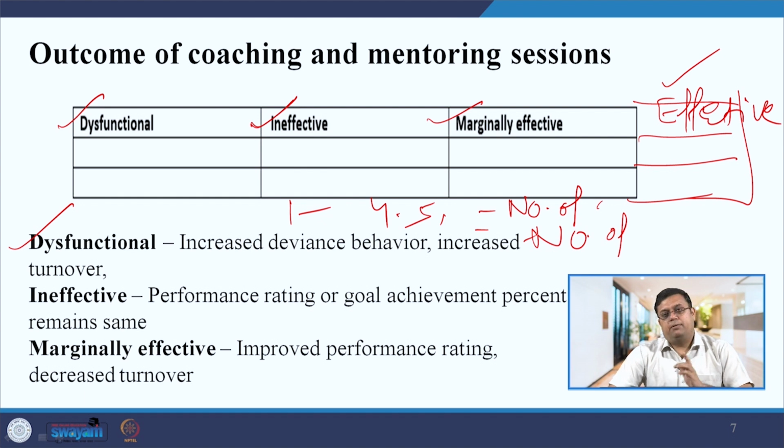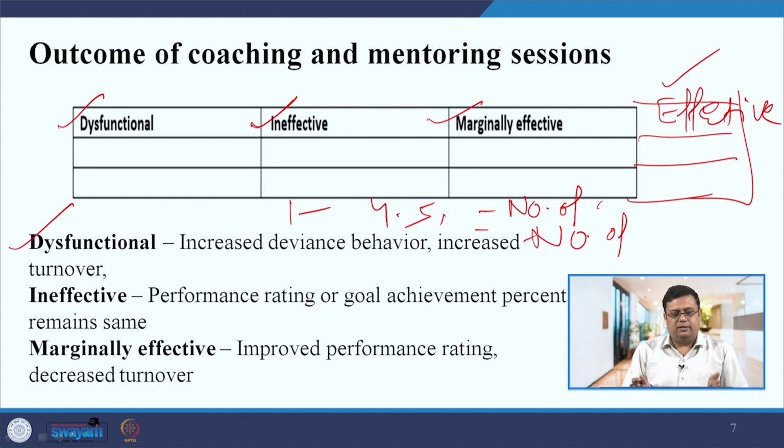But if people are leaving the organization after the coaching and mentoring program, right, or their deviance behavior is increasing, their number of complaints are increasing, non-compliance behavior is increasing, in that case you can say that coaching and mentoring sessions were ineffective.